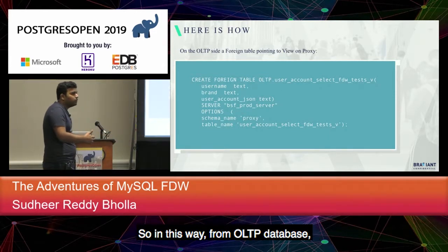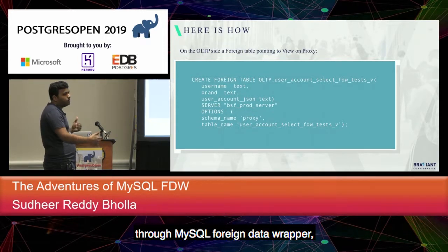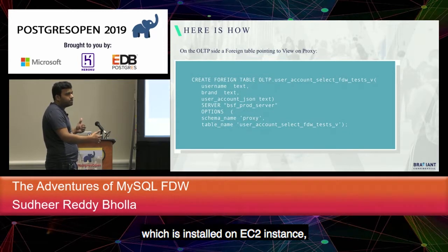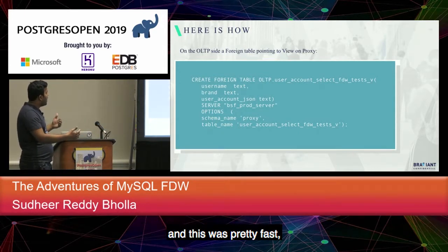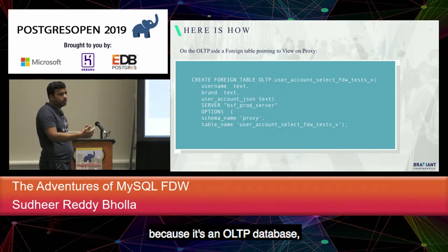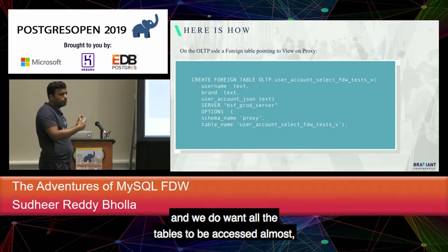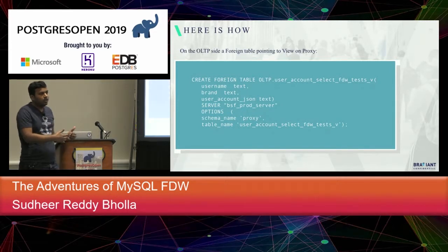In this way, from the OLTP database, we could grab the data which we want through the MySQL foreign data wrapper, which is installed on the EC2 instance. And this was pretty fast, and we wanted our transactions to be fast because it's an OLTP database, and we want all the tables to be accessed almost instantly to complete a transaction for the user.